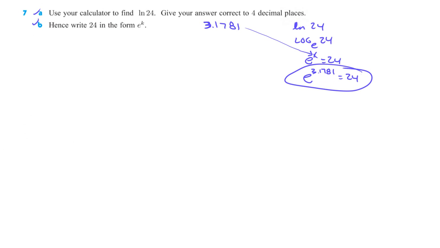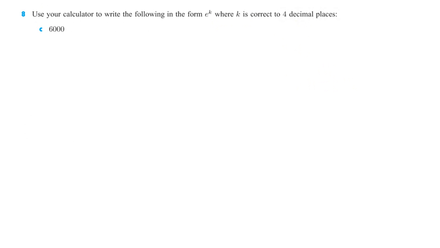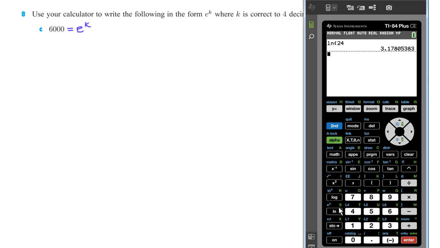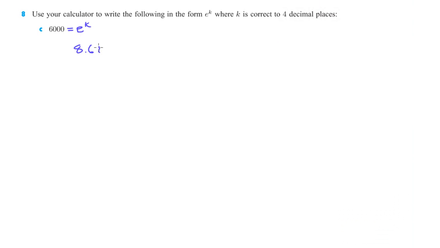Okay, all right, let's take a look at the next one. Use your calculator to write the following in the form e to the k, where k is correct to 4 decimal places. We're trying to figure out that 6,000 here. They're basically saying 6,000 equals e to what power, right? So we're going to find the natural log of 6,000, and that gives us 8.6995.